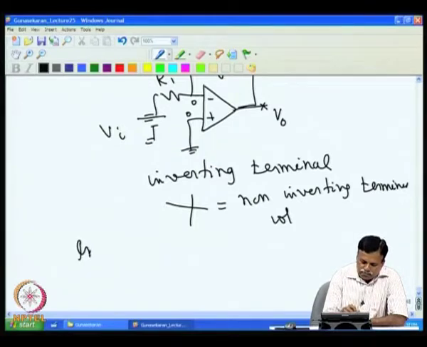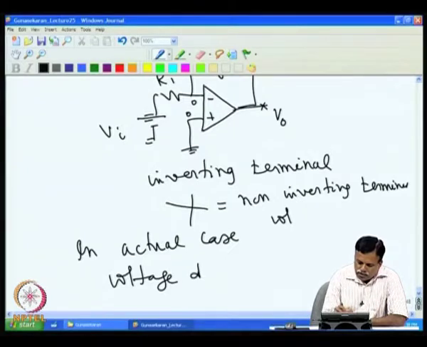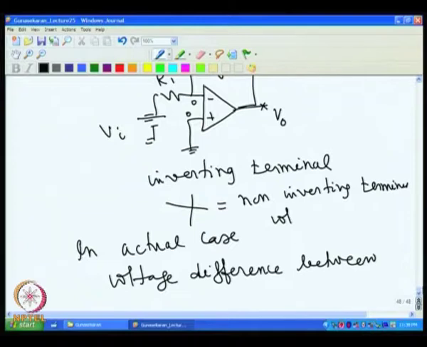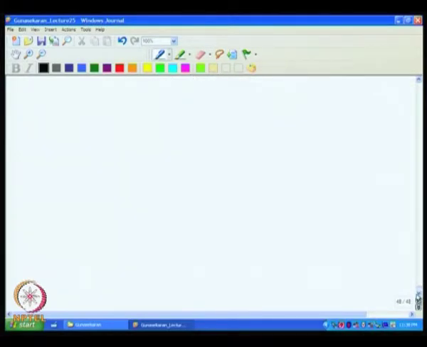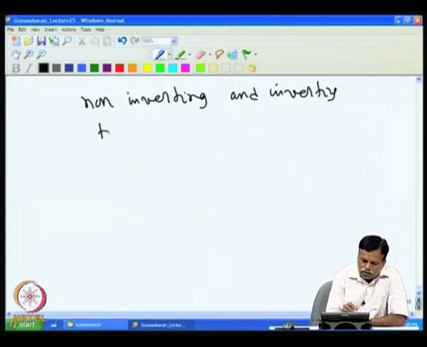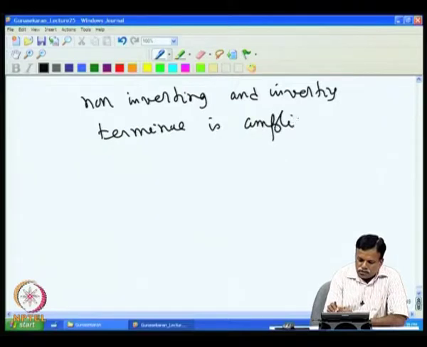So, in the actual case, the voltage difference between the non-inverting and inverting terminal is amplified by the open loop gain.